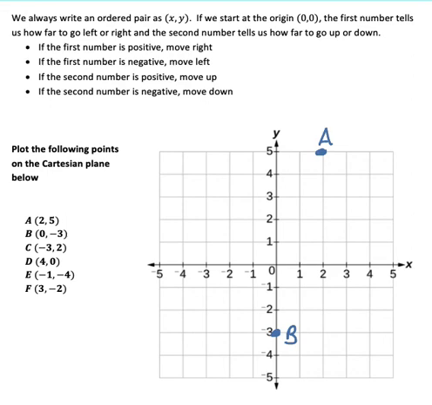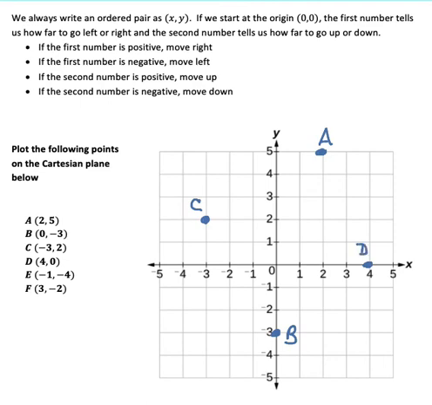Point C, our x is negative 3, so we start at the origin, we go left 3, and then our y is 2, so we go up 2. D, 4, 0, means we start at the origin, we go 4, and then 0, we don't go up or down at all. So we stay right on that line.